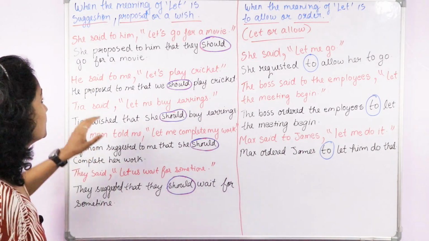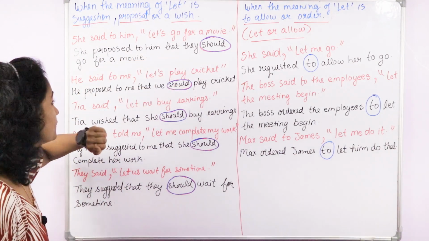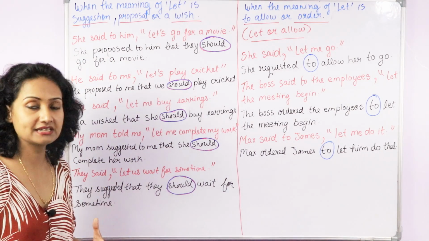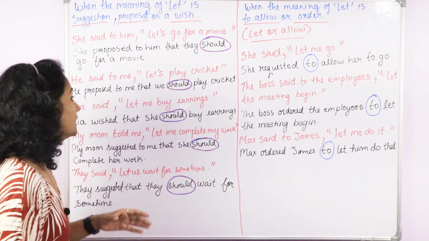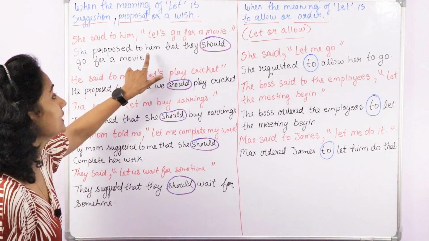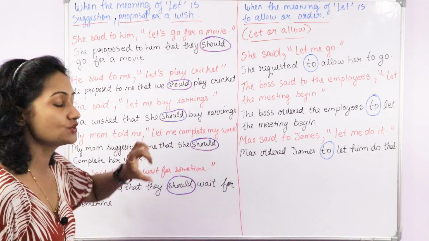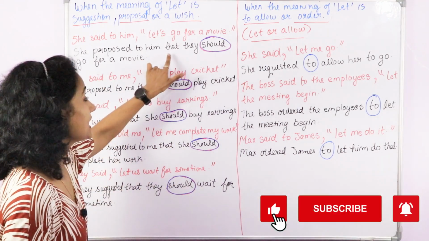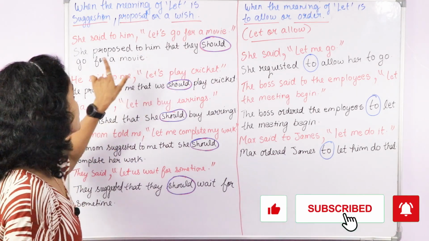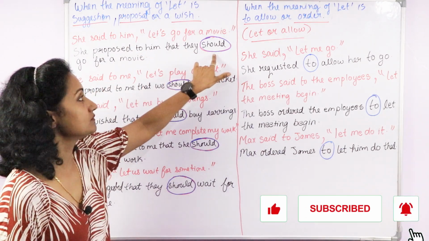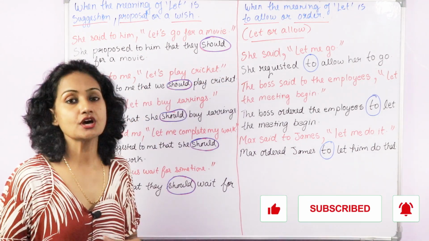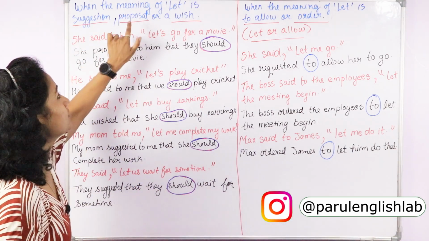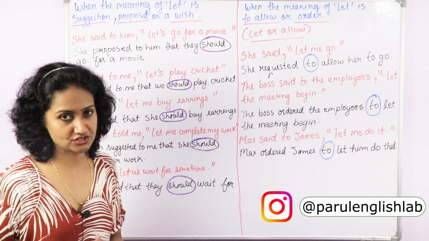So the reported word will be proposed because it is a kind of a proposal. She proposed to him that, again you are going to connect the two clauses with that, they should go for a movie.